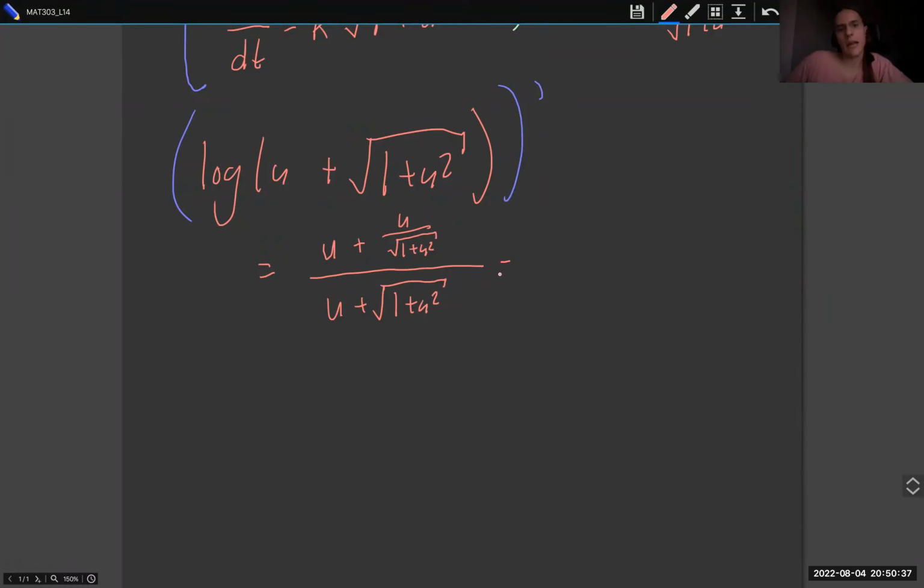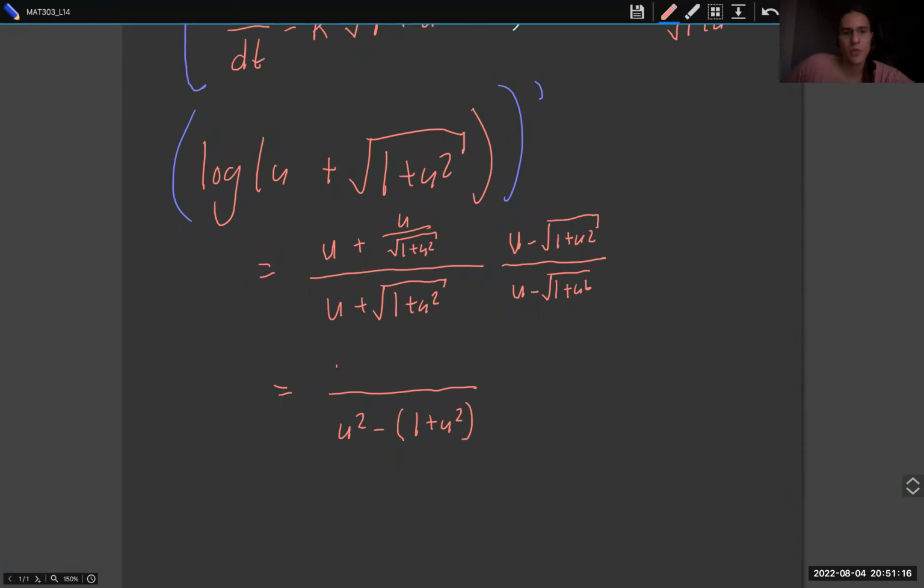Okay, now let's try and rearrange this. We're going to multiply top and bottom by the conjugate, u minus square root 1 plus u squared. As a result, the denominator becomes u squared minus 1 plus u squared, right? And what does the top become?